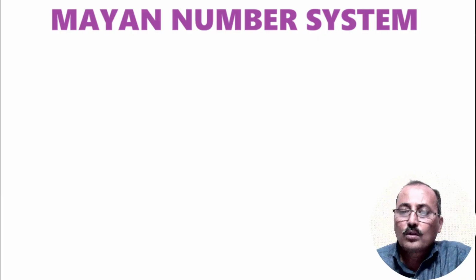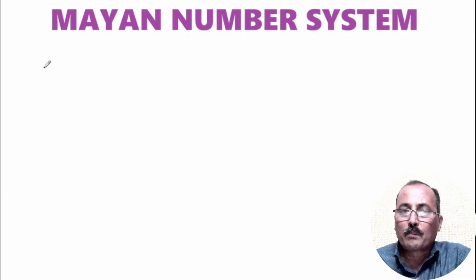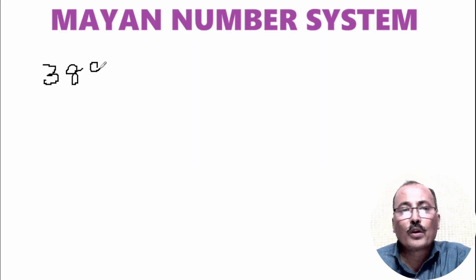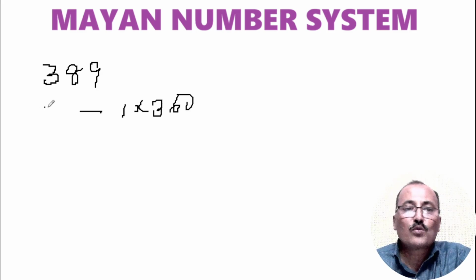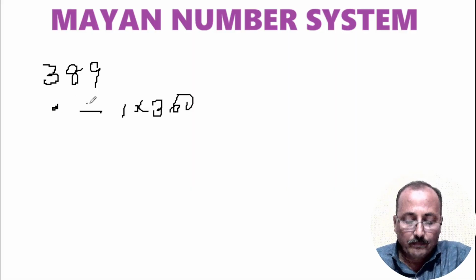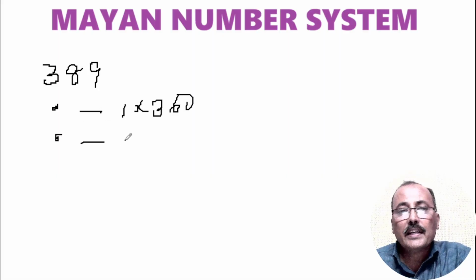We will now go to little larger numbers. Up to 360, it is 1 dot and 1 placeholder and another placeholder. Now suppose it is 389. What is available in this? First 360: 1 into 360, that means 1 dot. Then after 360, there is 80, that means 4 into 20.